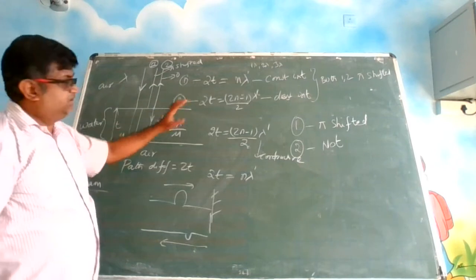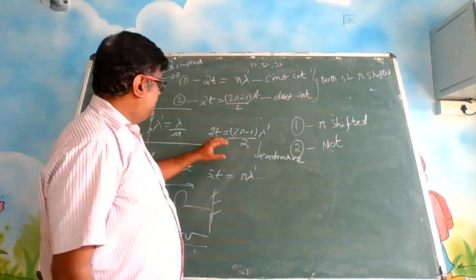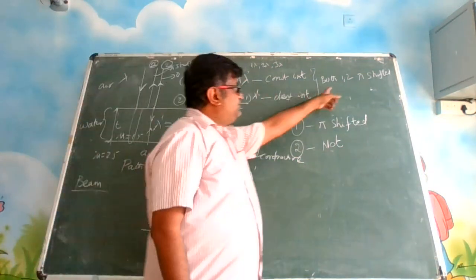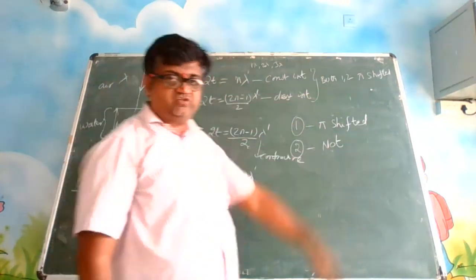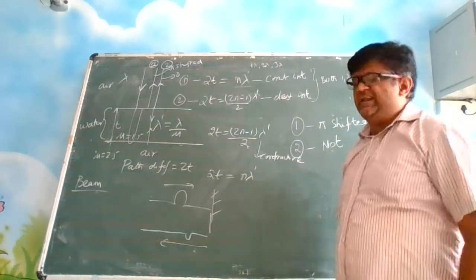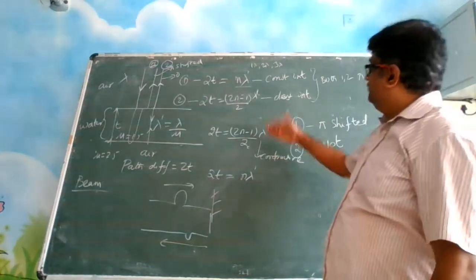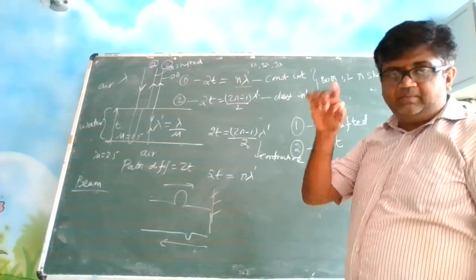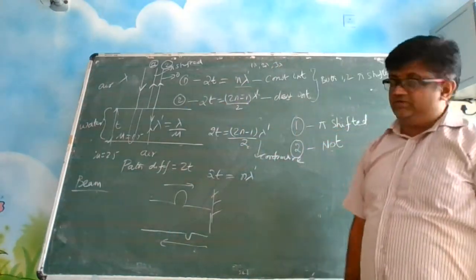If only one is pi shifted and not the other, you have to flip-flop. If both are pi shifted, then the condition remains the original condition. What was the original condition? If it is a multiple of n lambda, it is constructive interference. If it is an odd multiple of lambda by 2, that is 1 by 2 lambda, 3 by 2 lambda, 5 by 2 lambda, then it is destructive interference. Okay?